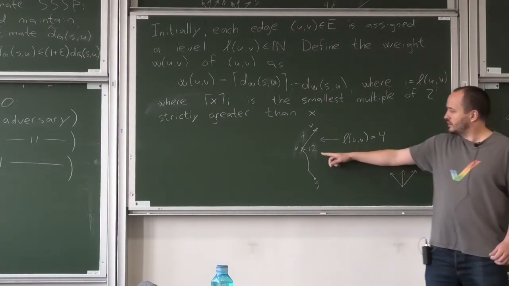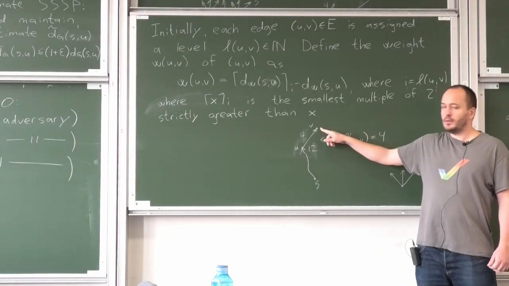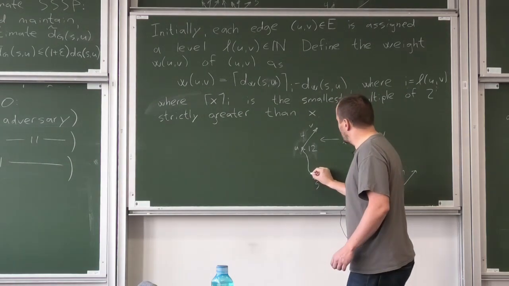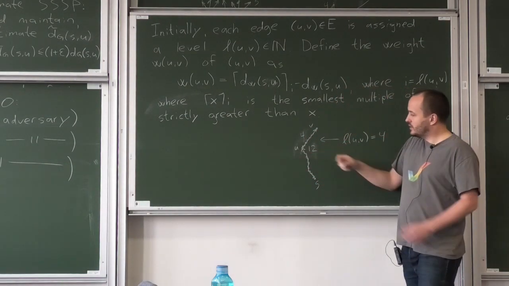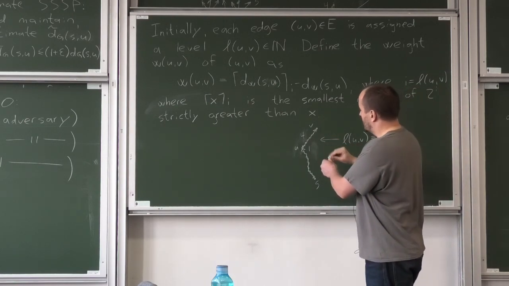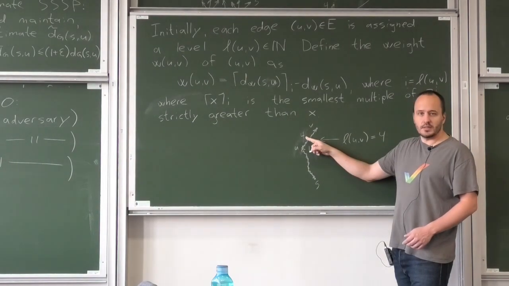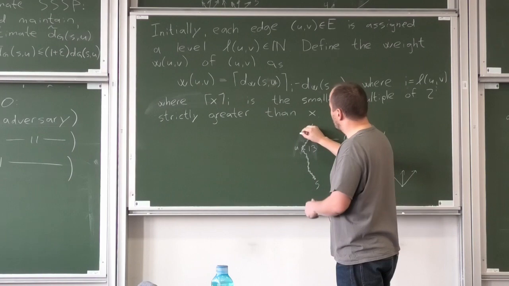When it increases to, let's say, 13, does it need to tell V anything? No, because suppose that this was the shortest path. It goes like this here. It increases to 13. It will not compute the new weight of this edge. It happens implicitly. So this will just implicitly increase to 3.